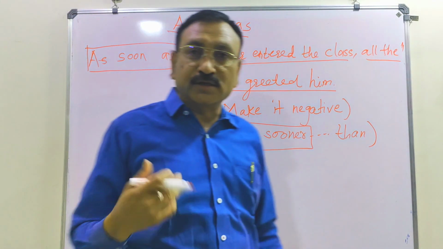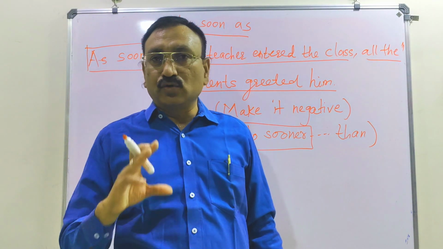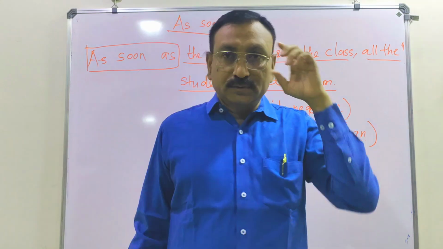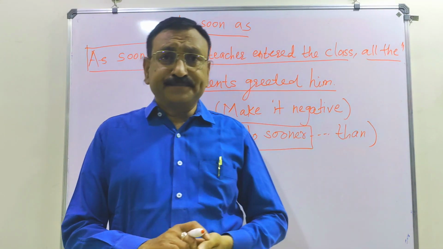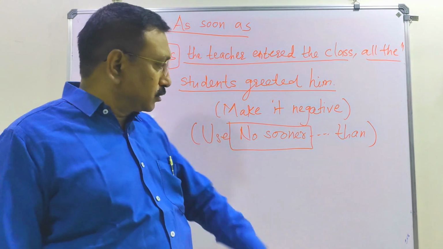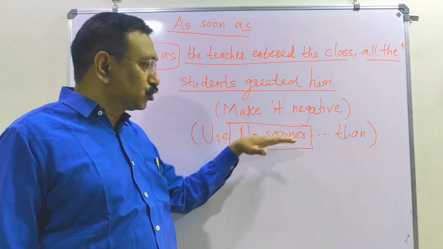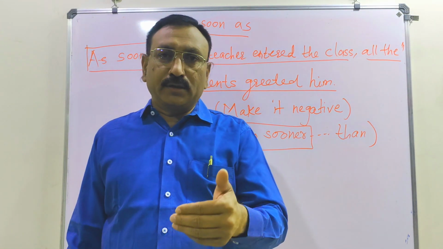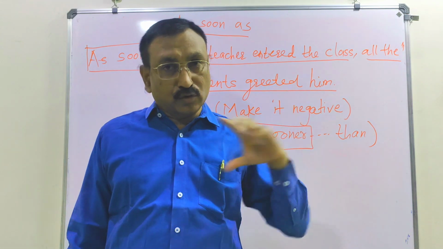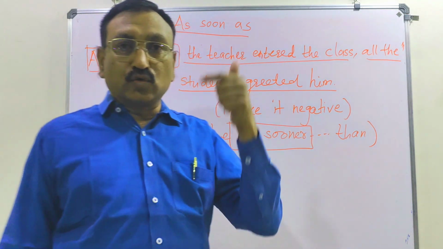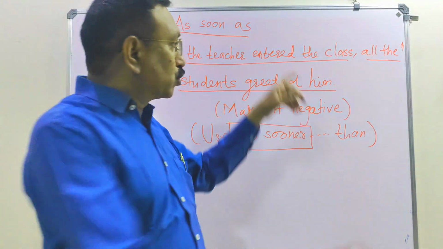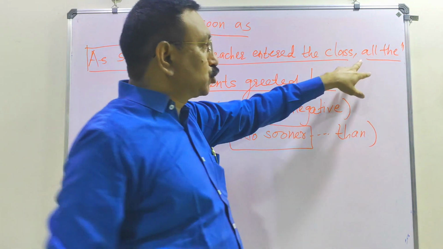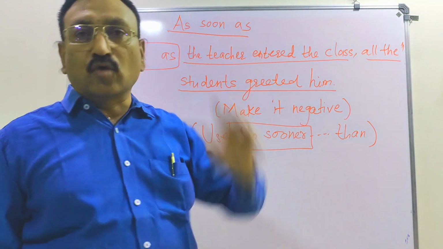So students, if the instruction is "use no sooner than", then we will definitely begin the sentence with "no sooner", and we use "than" to join the two clauses in place of the comma.